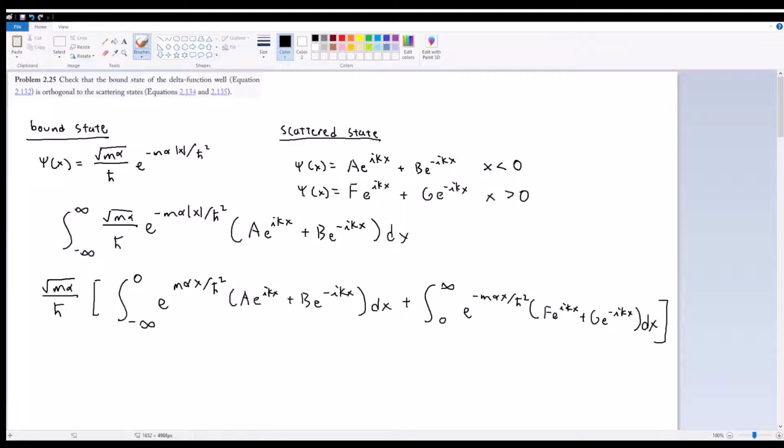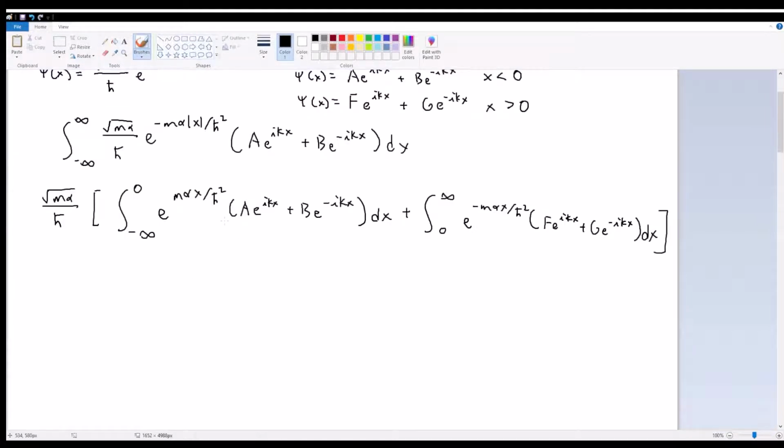Now we just have to resolve these integrals. So let's start with this first. So this is going to be an integral from negative infinity to 0, and then what do we have? We have a e to the ikx plus m alpha x divided by h bar squared, and then we have plus b e to the negative ikx plus m alpha x divided by h bar squared dx.